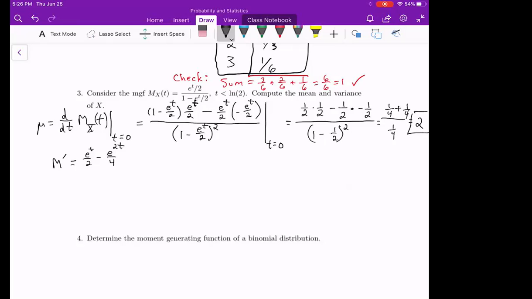I just distributed the e to the t over 2 from the top left, minus, well, that's going to be plus e to the 2t over 4. And I see that cancels out nicely. You still have the same denominator.